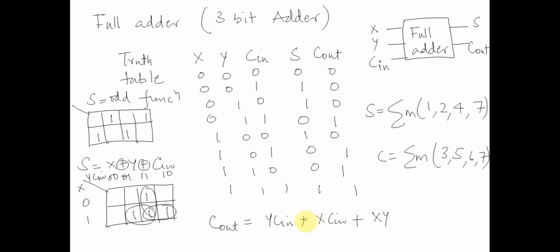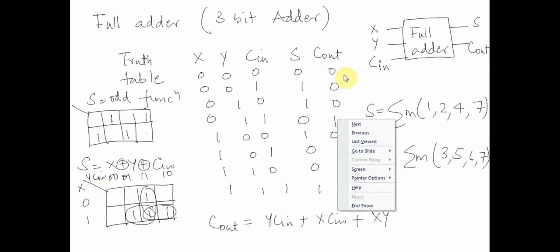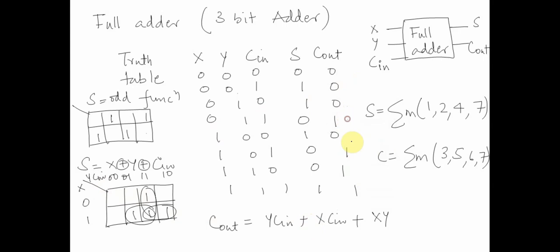I'm just trying to look at it again. So if we look at the carry out term, it covers minterms 3, 5, 6, 7. And if you see, right, this is one of the expressions, and there is an alternate expression for this also.